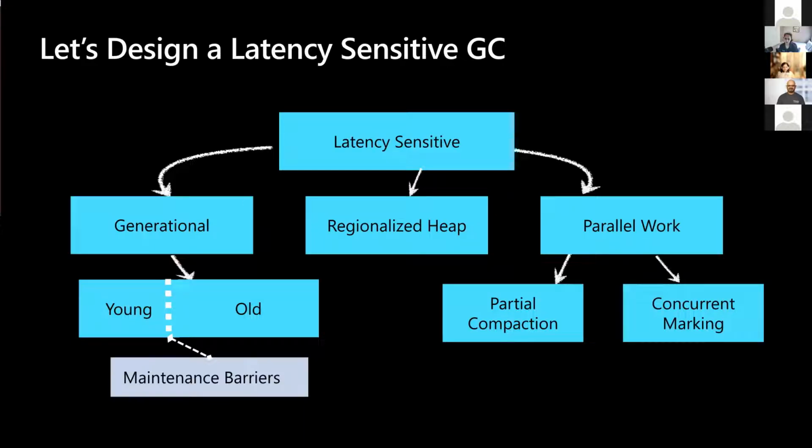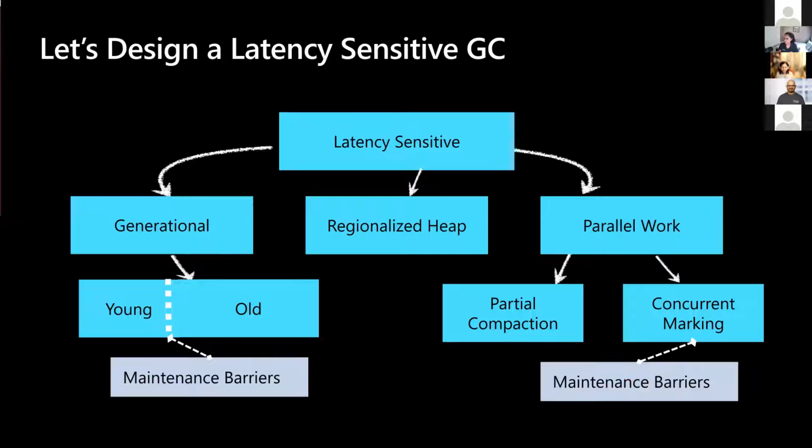There's also the concept of concurrent marking, and it helps with getting the work done in the background because we are latency sensitive. We do care about throughput, but not so much. We're trying to meet these pause times, this kind of predictability of the pause times, okay? And of course, I mentioned the maintenance barriers, all right.